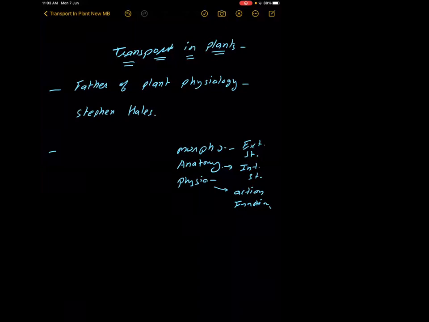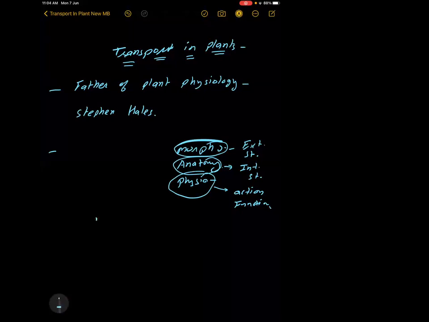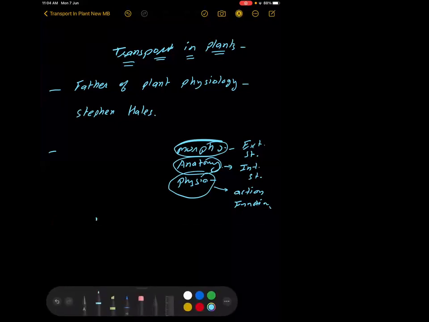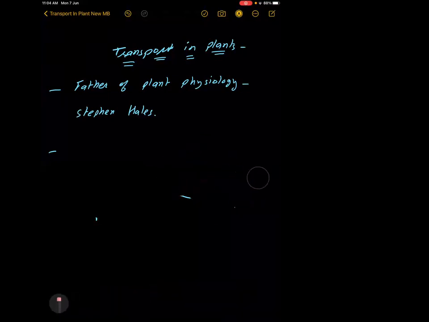So this is physiology, anatomy, morphology. Here the study of action, the study of function of this body or the organs, is called physiology.